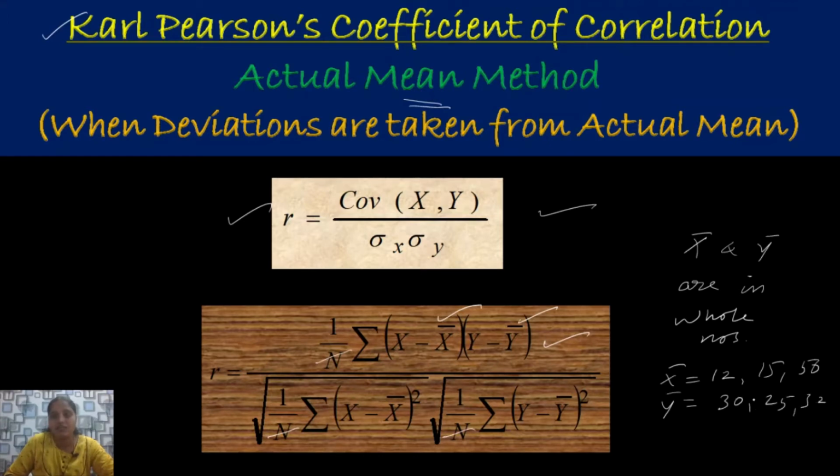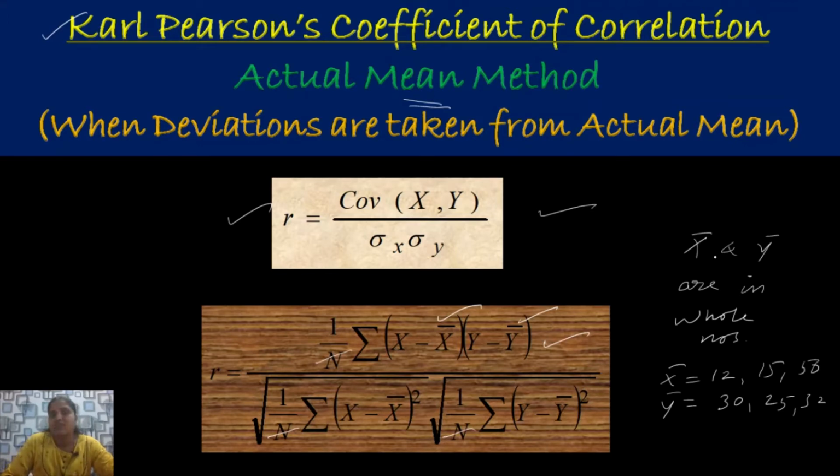So if x bar and y bar are whole numbers like these, we make use of this formula. Also, the values of x bar and y bar seem to be small.